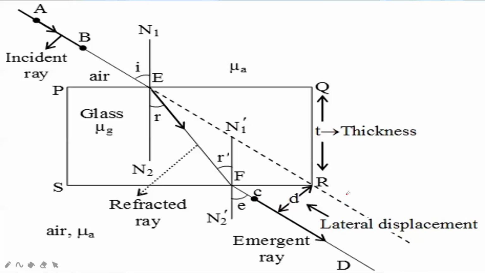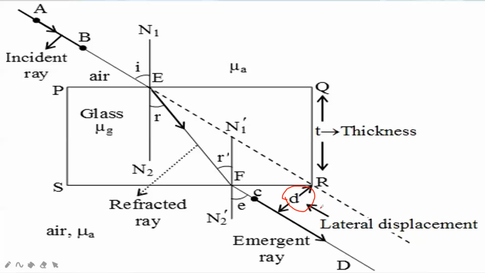These both rays are parallel to each other. The only difference is that this emergent ray is laterally displaced, and this displacement is denoted with a small d. Small d represents the lateral displacement.